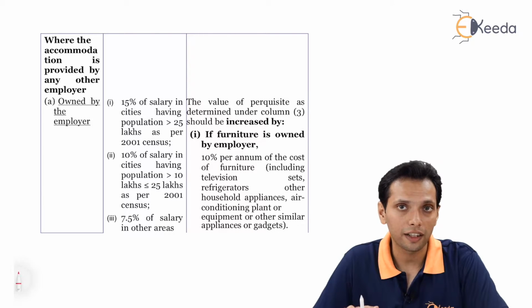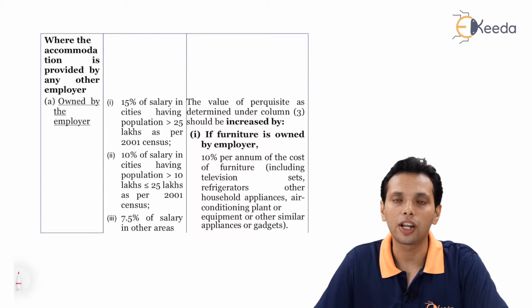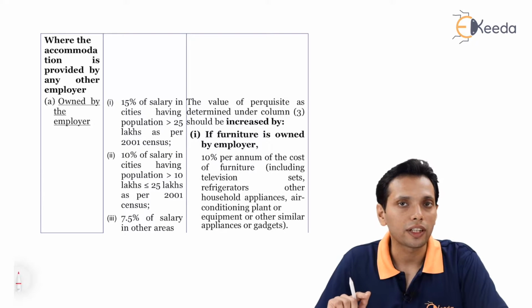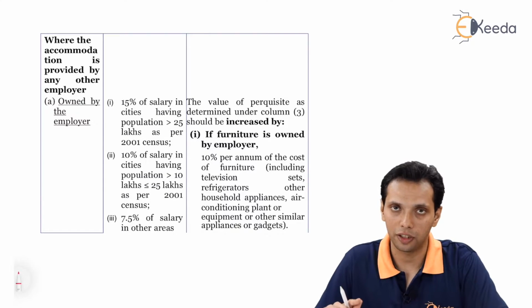So there are three categories for the unfurnished accommodation. It is 15%, 10% and 7.5% of the salary.